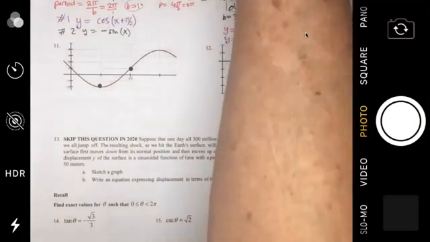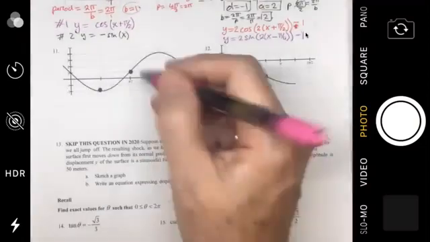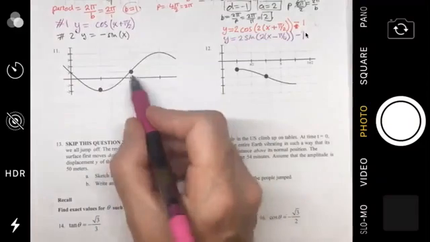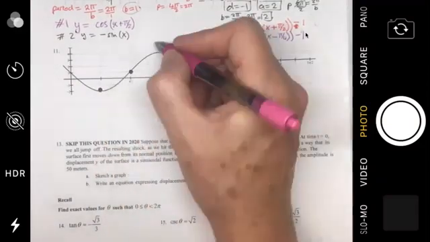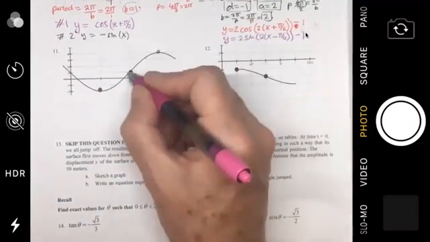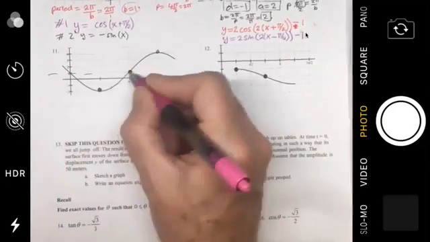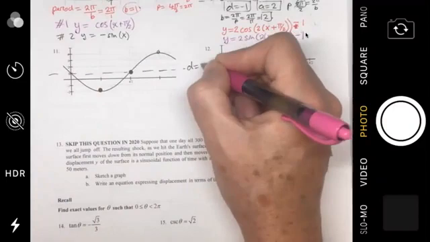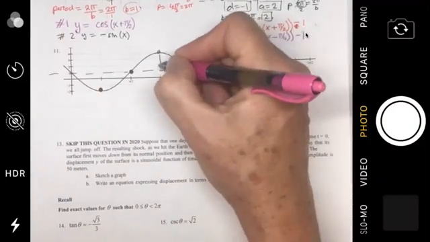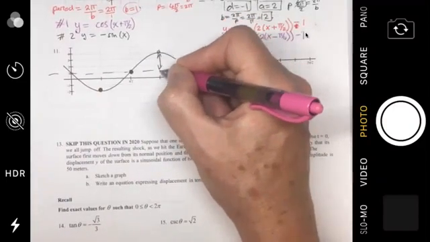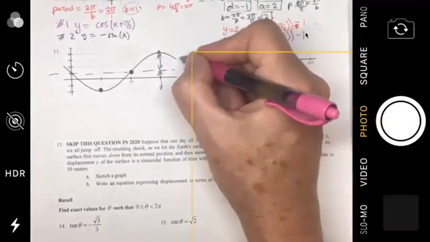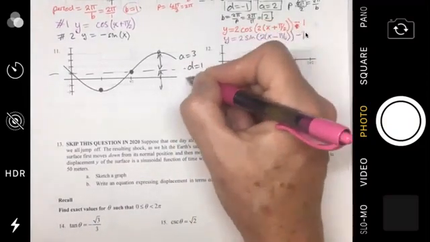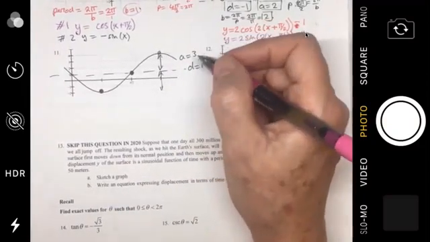Okay, let's do this one now. Right, this is obviously, there's a high, there's a low, this is a mid value. Our value of D equals 1, and this is going up 3 and down 3. A equals 3, period.